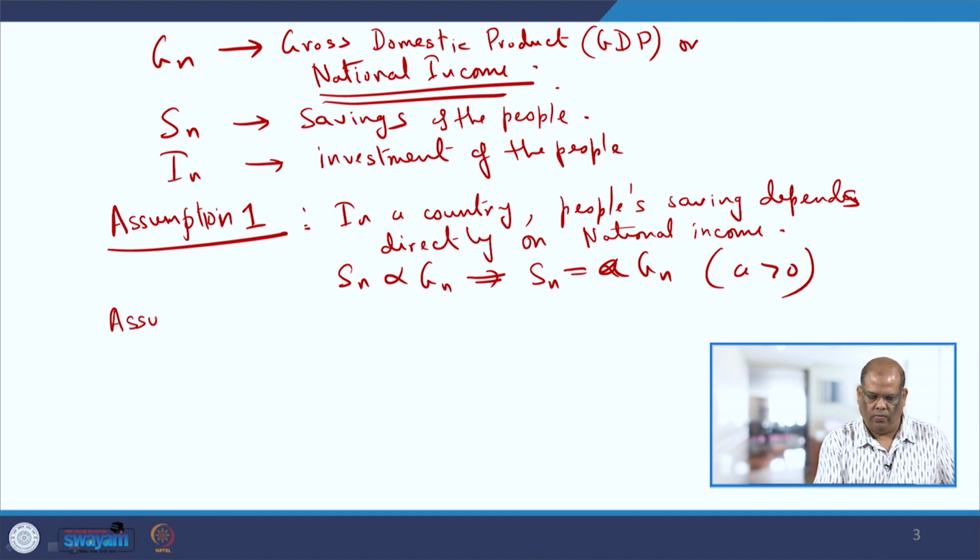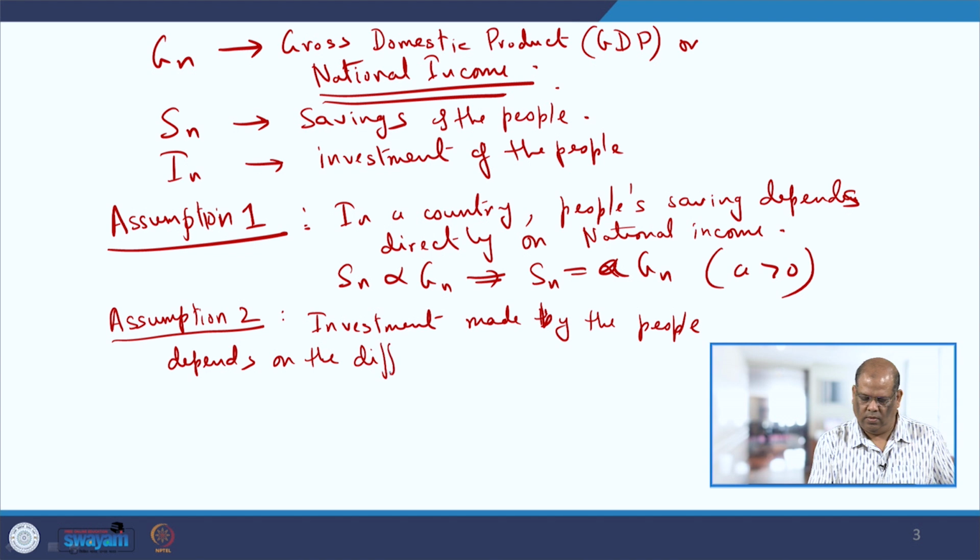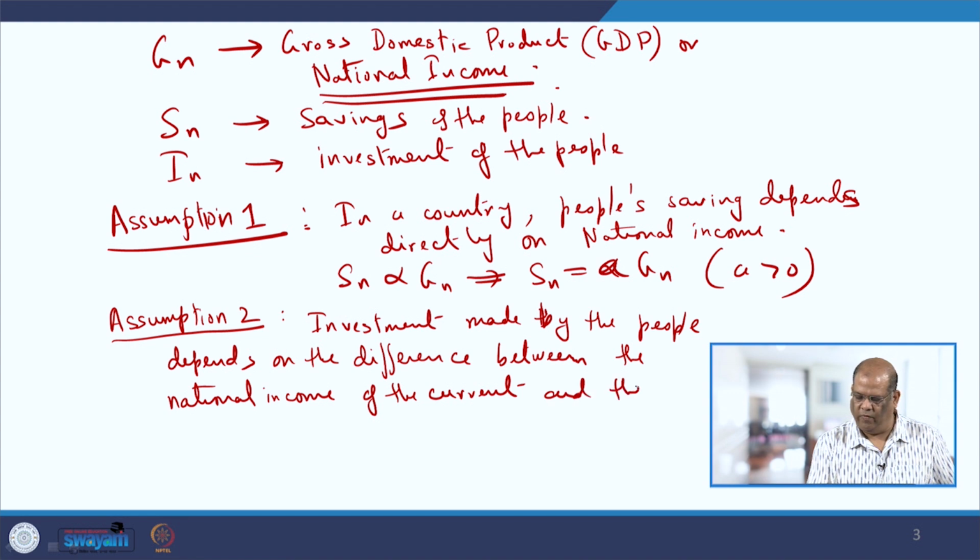Assumption 2. Investment made by the people depends on the difference between the national income of the current year and the previous year.